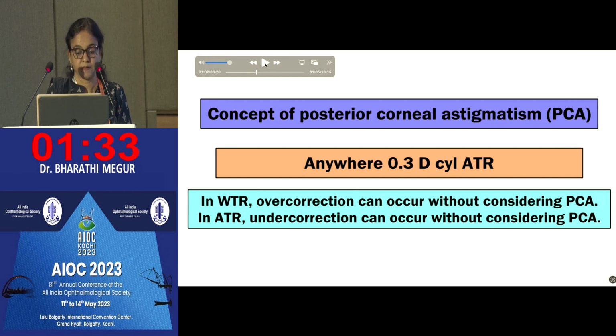Sometimes surgeons used to experience refractive surprises whenever they were not considering this posterior corneal astigmatism, and so they saw the role of the posterior cornea as a refracting surface. Around 0.3 diopters of against the rule astigmatism, like a minus meniscus lens, is assumed to be contributed by the posterior cornea.